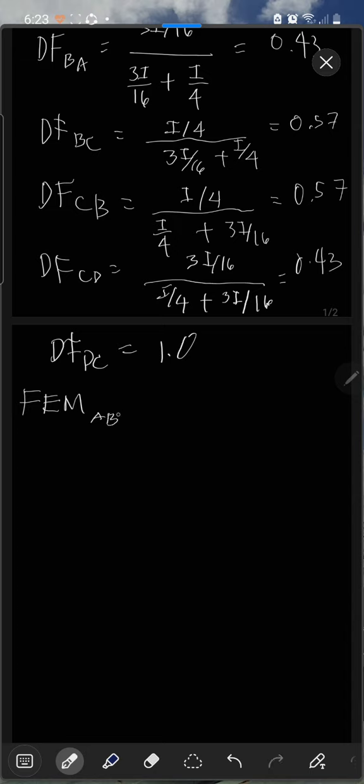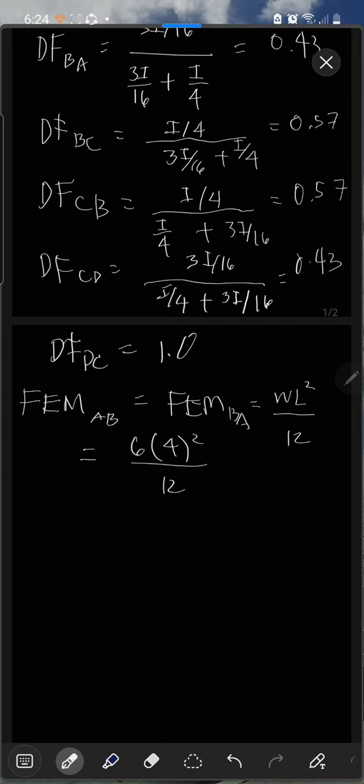So AB, BA is wL squared over 12. So you have to memorize these formulas. So w is 6,000 Newton or 6 kilonewton times L of 4 squared over 12. Okay, compute the value. So that is 8 kilonewton meter.